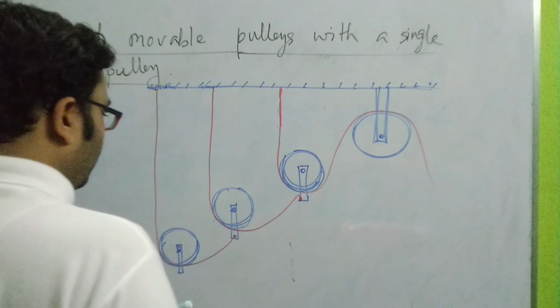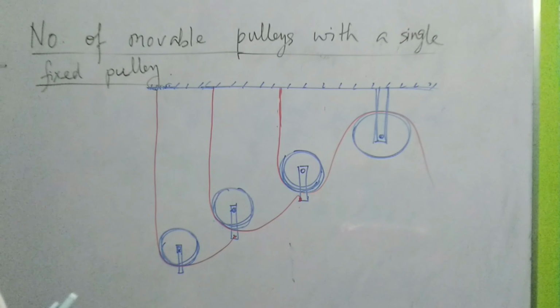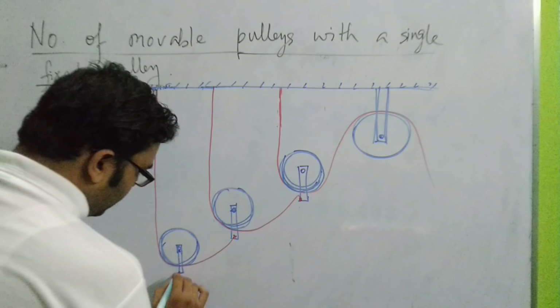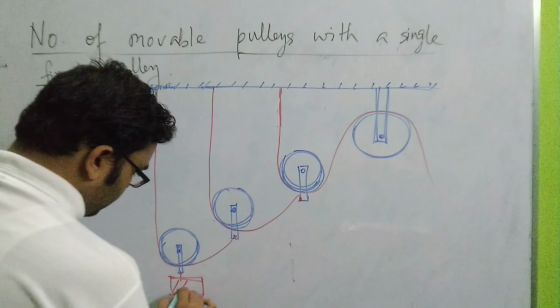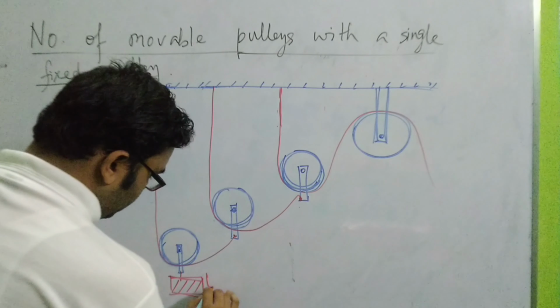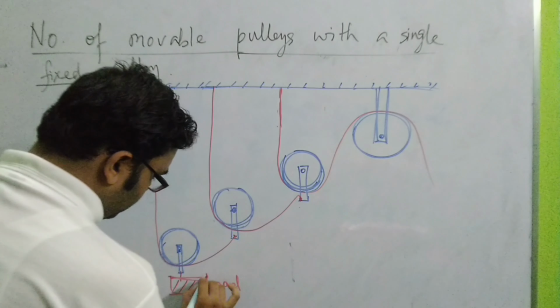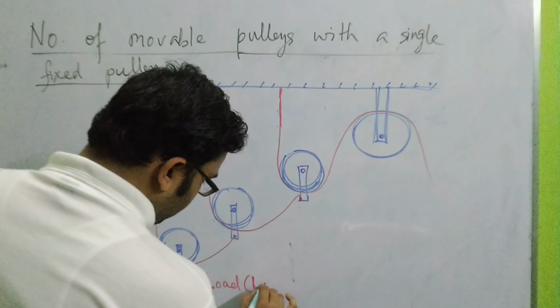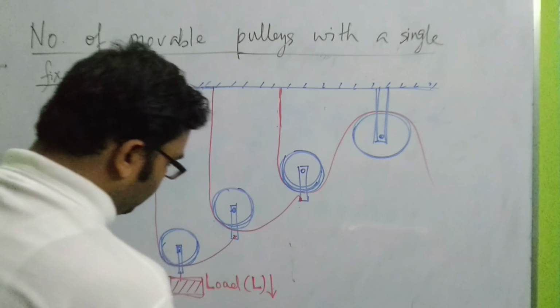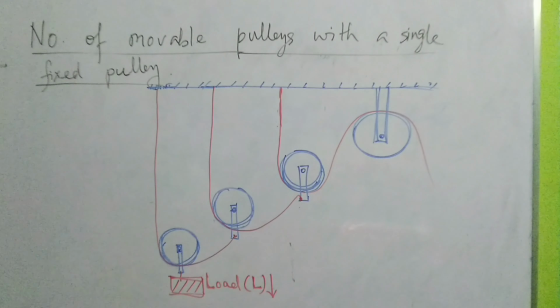Now say the load will be attached to this last pulley. So this is the load. The load L obviously acts in the downward direction, isn't it? I think the view is clear.